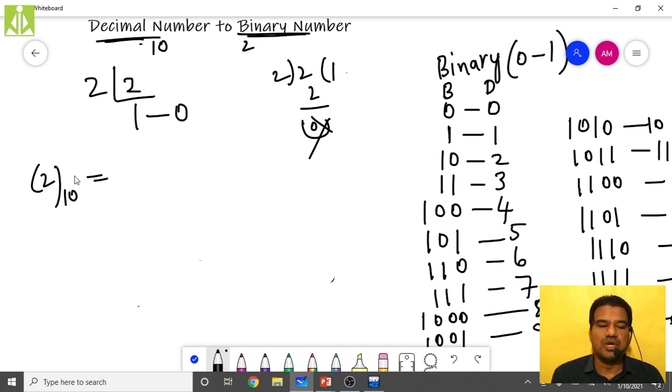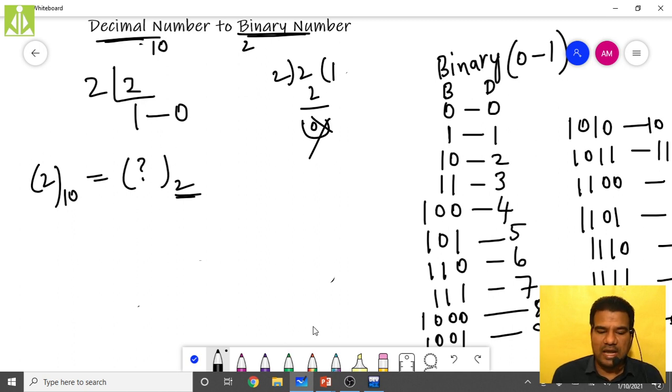So the base value for the binary number system is 2. So 2 in decimal, what will it be in binary? Like this they will give, with a question mark over here. By seeing this, you can understand they are asking us to convert this decimal 2 into binary.